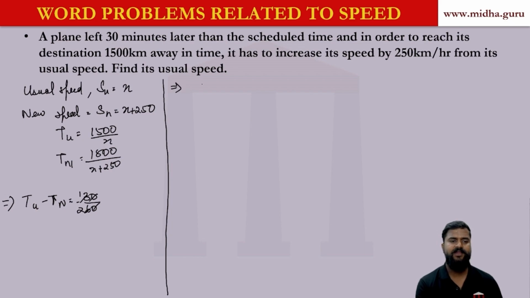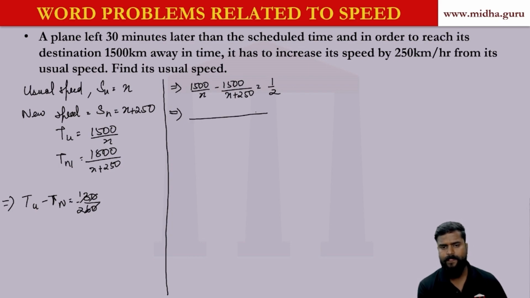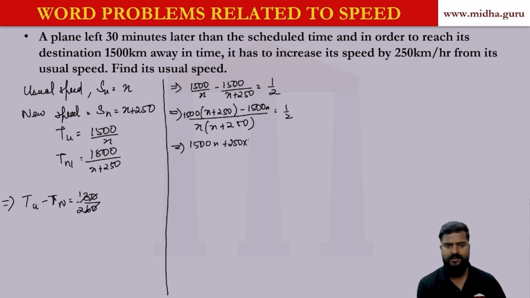Now again, just to feed the values into this, I'll get 1500 by x minus 1500 by x plus 250 is equal to 1 by 2. So x into x plus 250, 1500 into x plus 250 minus 1500 x is equal to 1 by 2. So 1500 into x plus 250 minus 1500 x by x square plus 250 x.